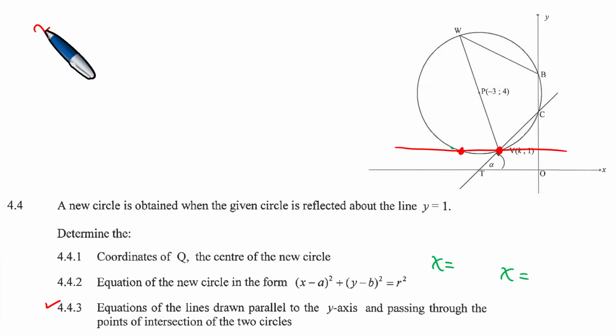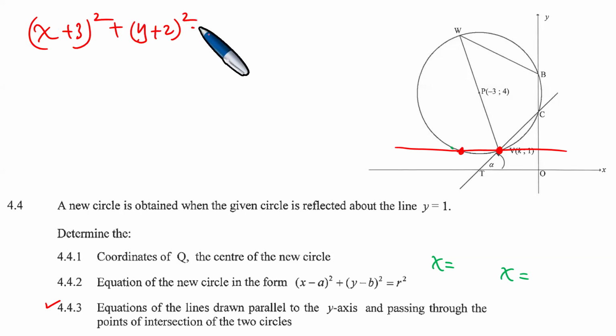So you have the equation we got, which is x plus 3 all squared plus y plus 2 squared, which is 10. And then we have the other one.